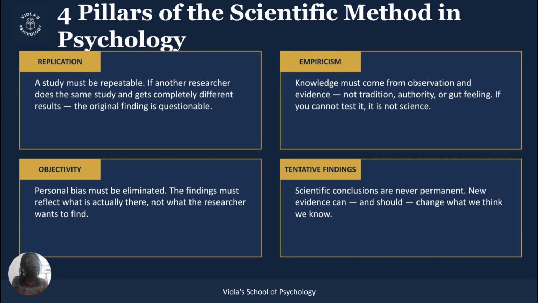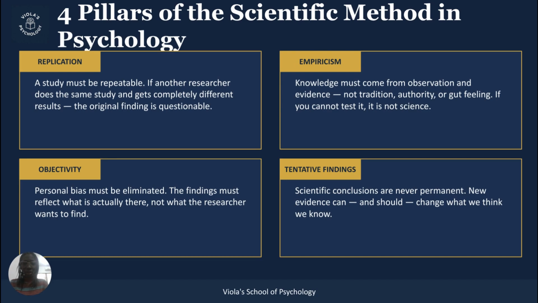The goal of all this is to find the truth, the objective truth, not to confirm what you already believe, right? So you can see that even these 4 pillars that I'm talking about right now, we're in the 3rd pillar, which is objectivity, you can use in your personal life.